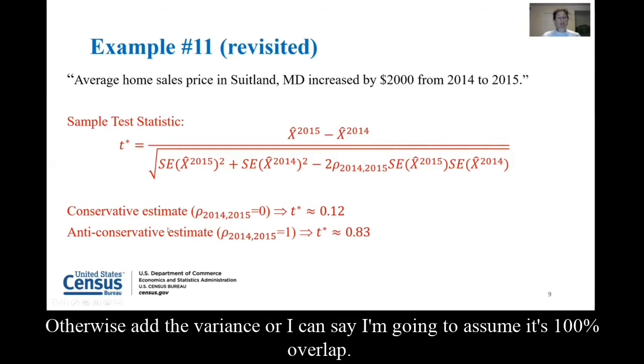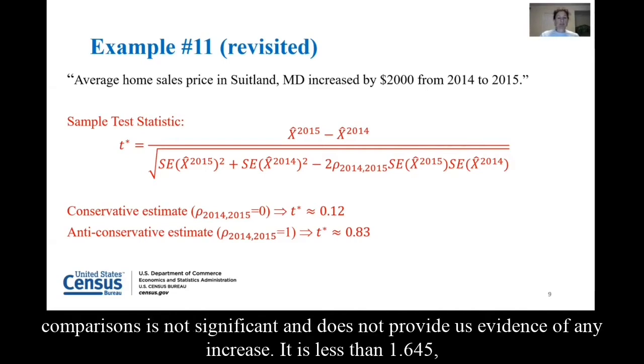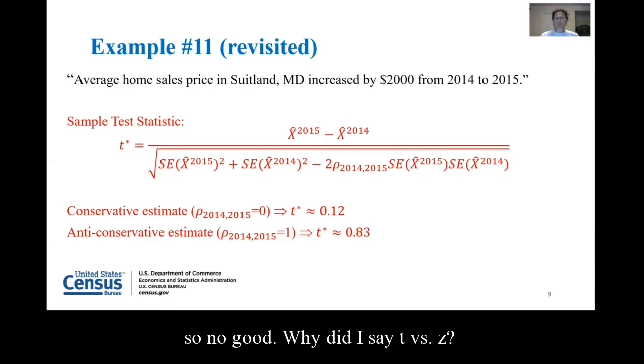Or I can say, I'm going to assume it's 100% overlap. In either case, that T statistic, or actually let's call it a Z statistic for our comparisons, does not provide us evidence of any increase. It is less than 1.645. No good.